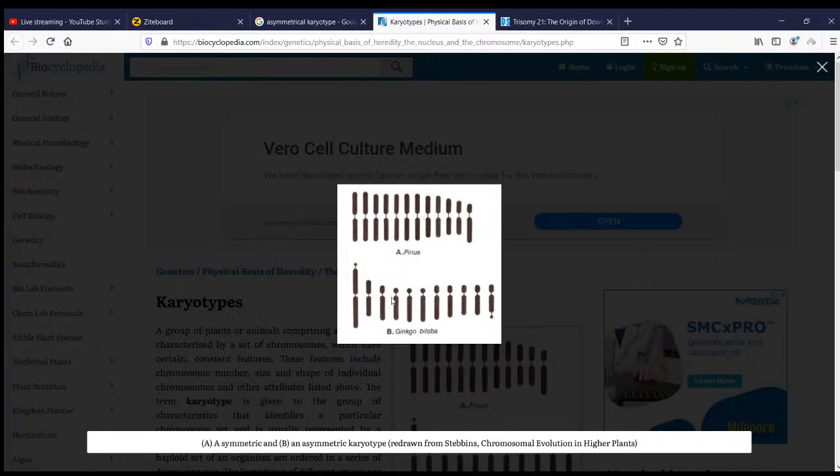See the size difference, and metacentric chromosomes are very few. So this one, Ginkgo, is an asymmetric karyotype, and the Pinus one is a symmetric one because it has a lot of metacentric chromosomes and no huge difference between the largest and smallest chromosome.